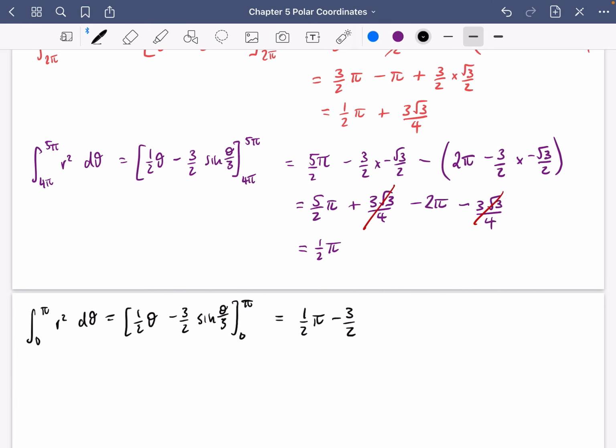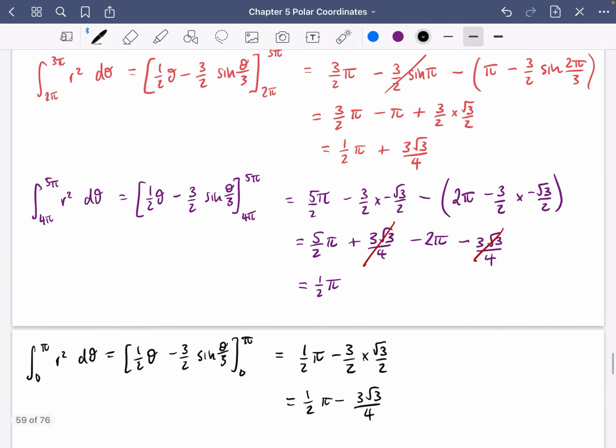Well, that's the sine of 60, and the sine of 60 is root 3 over 2. And then when I put 0 into the other bits, it's just going to be 0 for both of them. So I'm not going to do 0 plus 0. It's just silly to do that. So I get a half pi minus 3 root 3 over 4.